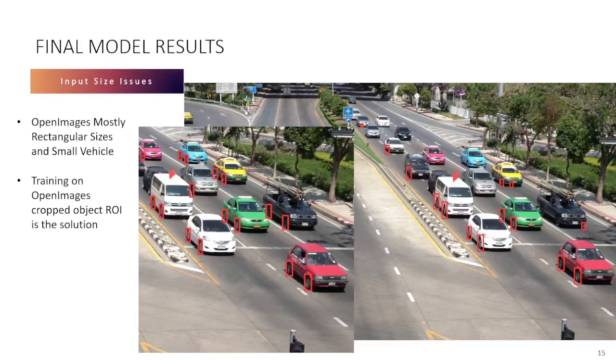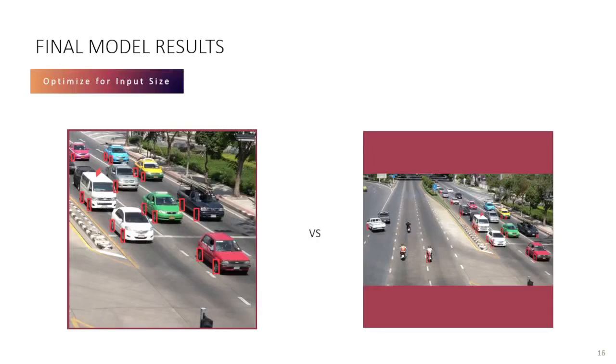And that suggested that the best way to handle incorrect aspect ratio is to basically try to crop to the region of interest and train on those cropped views, and that was the solution in my case. So here we can visualize how the input size optimization can have an effect.